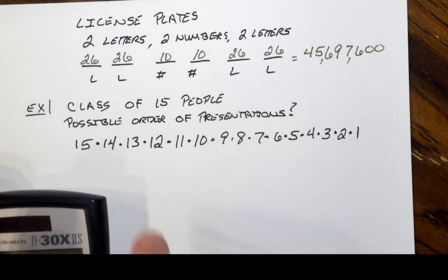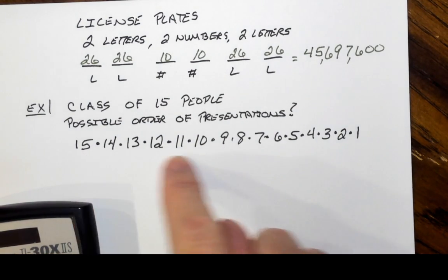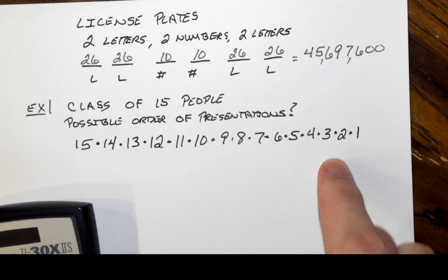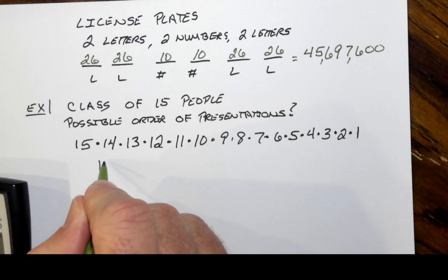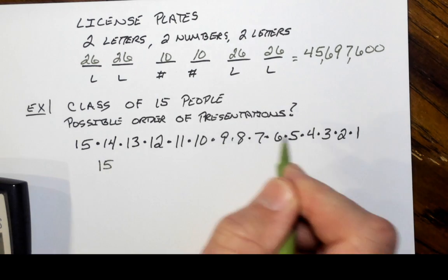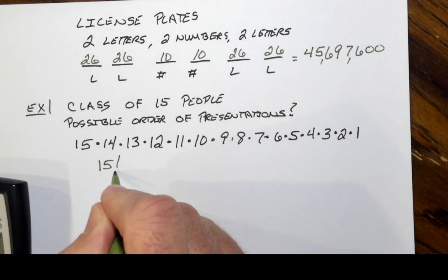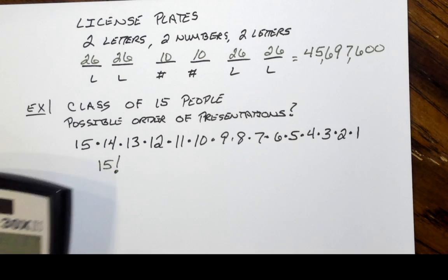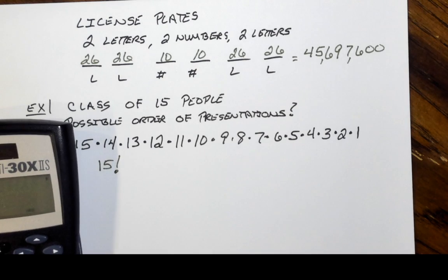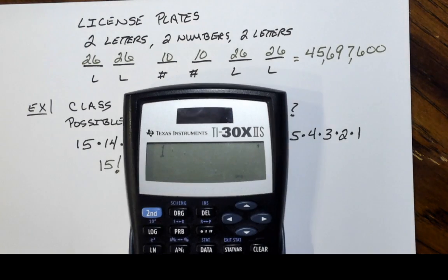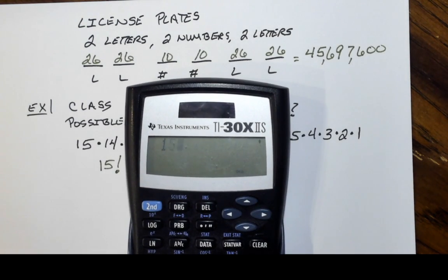So I want to, again, you can sit here and multiply all of them together. Nothing wrong with that. Or, I can take the number 15, because that's where we started and went down, and take the factorial of it. So, using my calculator to make my life more efficient, I'm going to hit 15, that button, and I want the factorial, so I click enter, and then I click enter again.